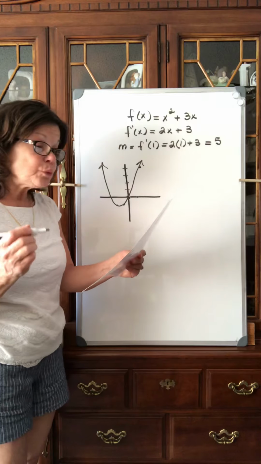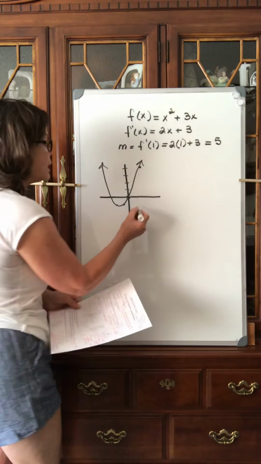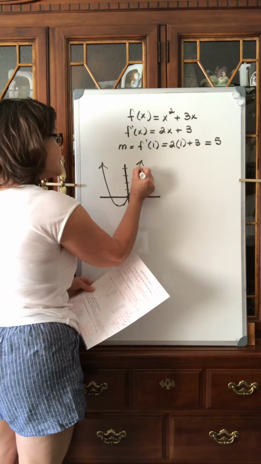And we want to graph the line that's tangent to this curve at an x value of 1. So here's our x value of 1, and the slope of that line is 5. If you remember back from your Algebra 1 classes, you could always write your slope as a fraction, 5 over 1.